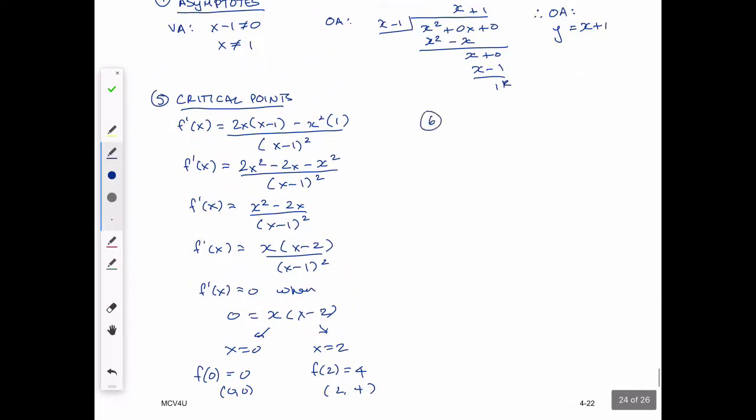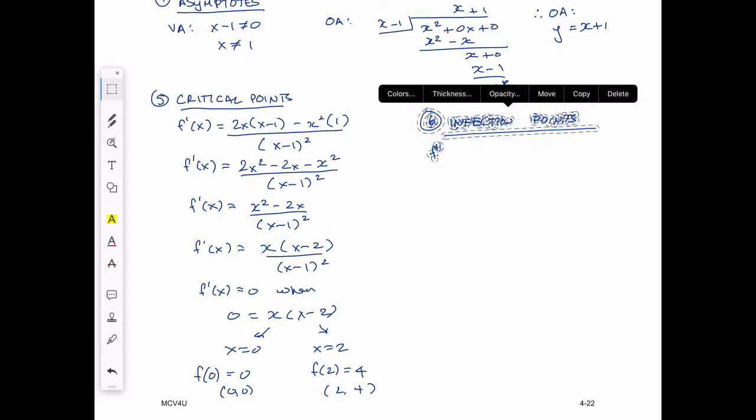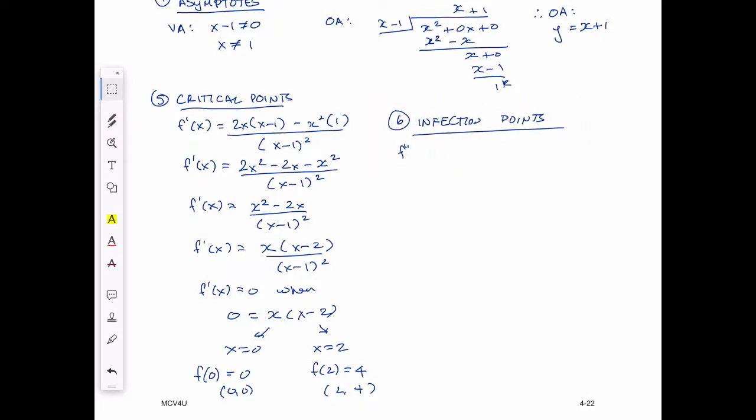Step number 6 is going to be our inflection point. All right, our inflection point is going to be the second derivative. Let me move that over a little bit, just in case.